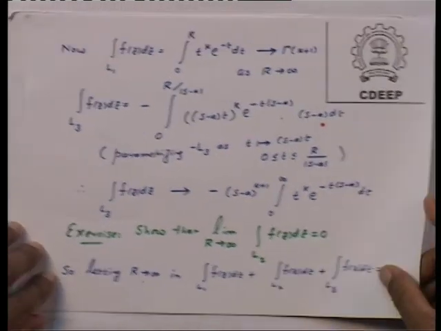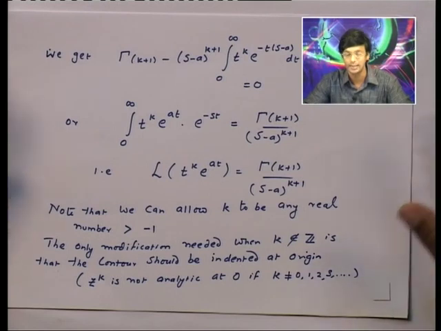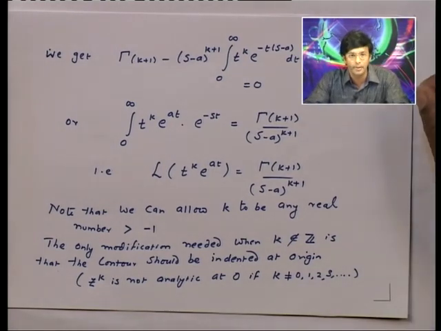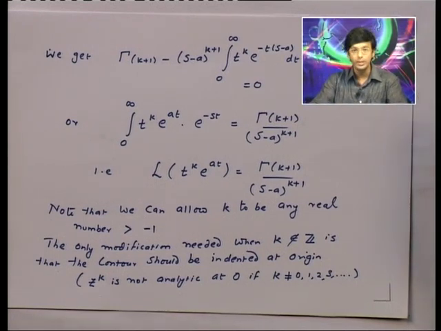All right. So that is exactly what we get: gamma of k plus 1 minus s minus a to the power k plus 1 into the integral from 0 to infinity of t to the power k e to the power minus t into s minus a dt equal to 0.